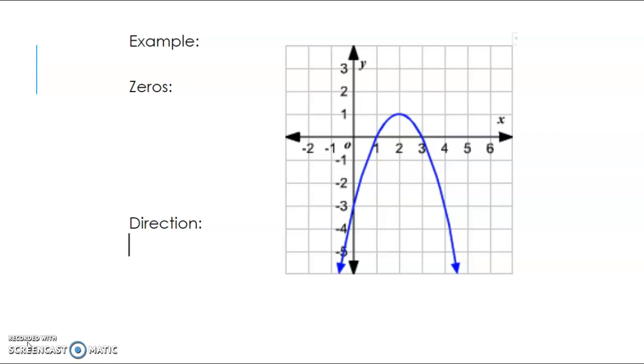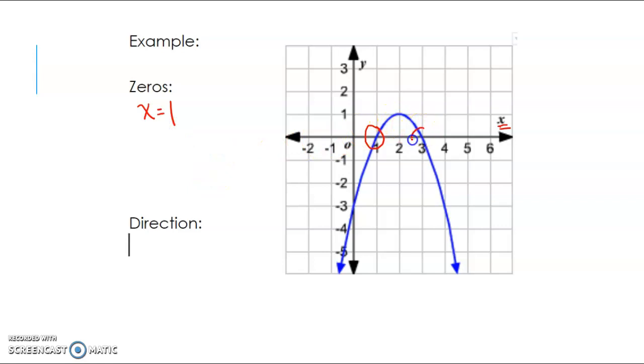So here's an example. This is the quadratic, and this is a curve called the parabola. Our zeros are where they intercept the x-axis. So you're looking at the x-axis here. One of our zeros is right here. That zero is x equals 1.